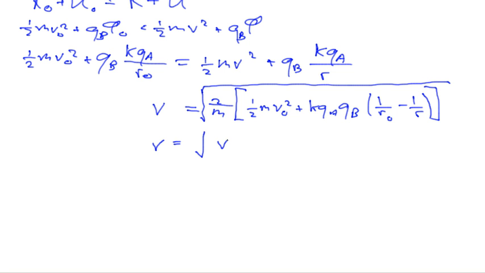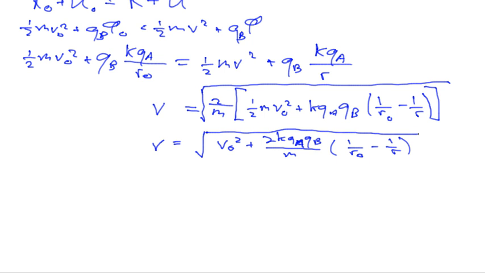And so I have v0 squared plus 2 k qa qb all over m times 1 over R0 minus 1 over R. Alright, that gives me a formula for the velocities.